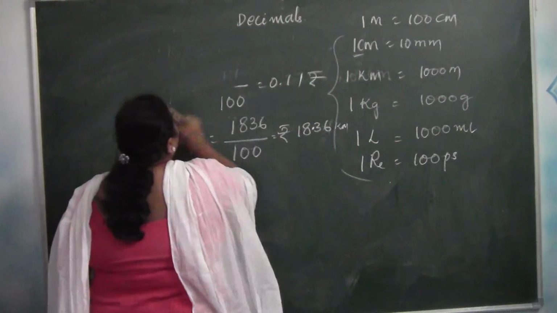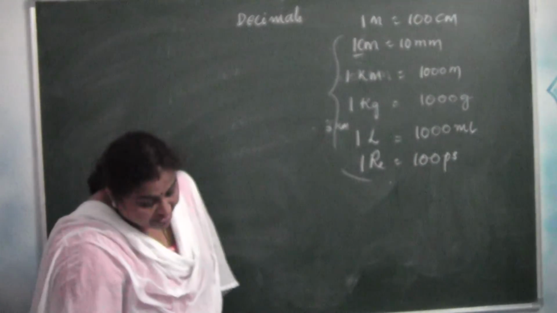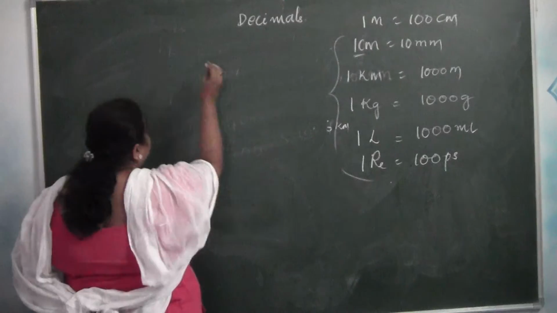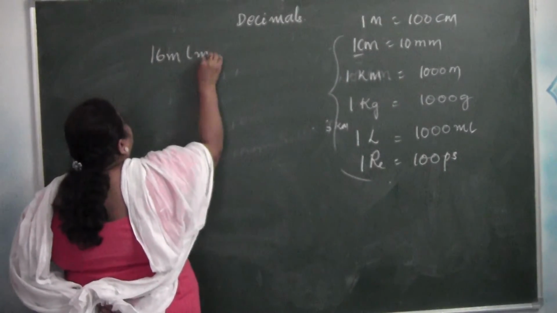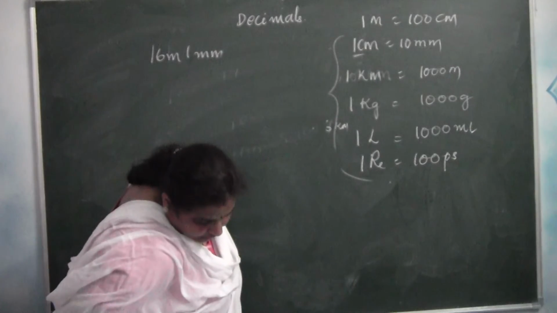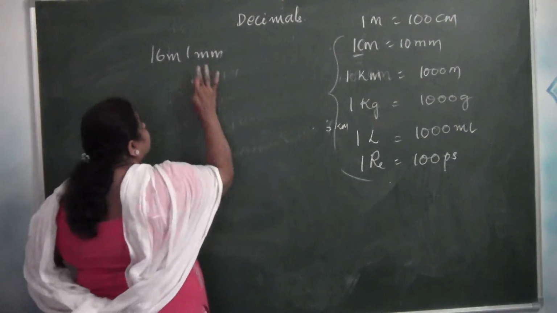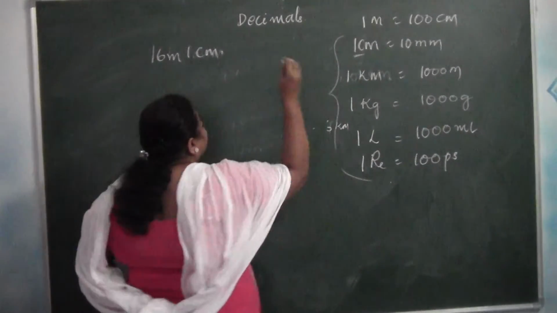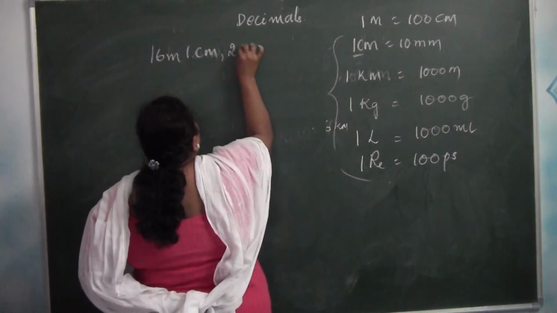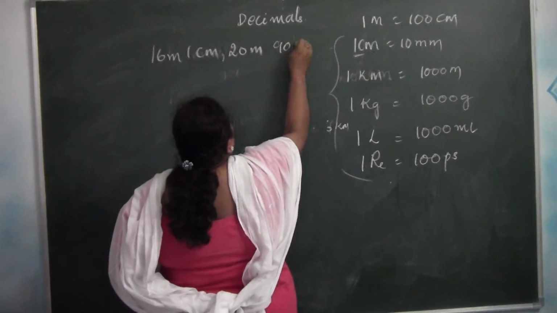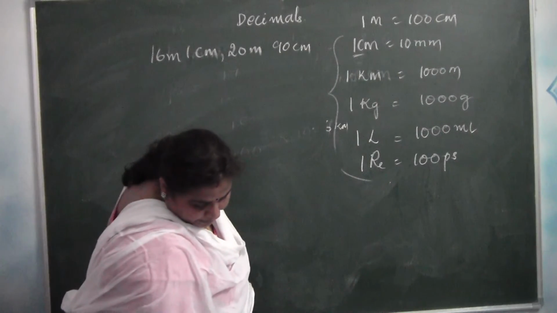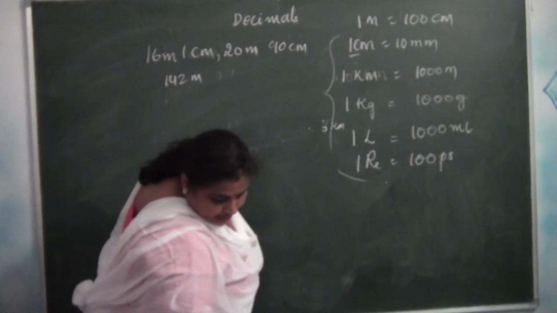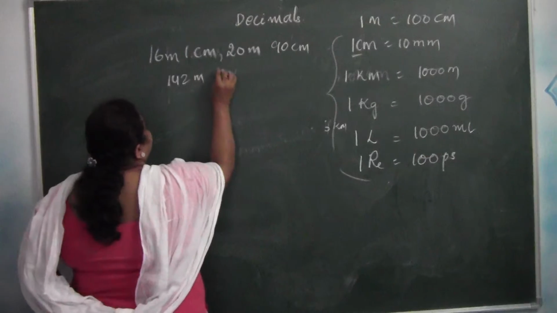If you have a problem like, find the sum of 16 meters 1 centimeter, then 20 meters 90 centimeters and 142 meters and 35 centimeters.